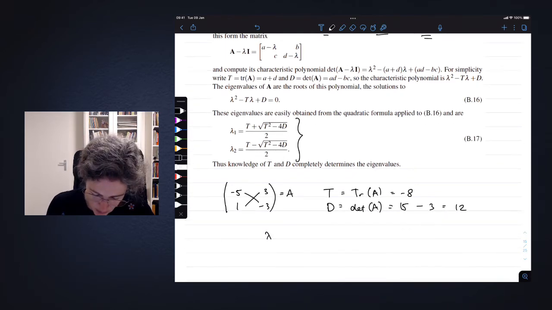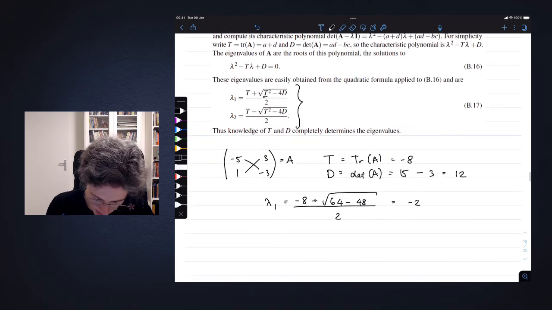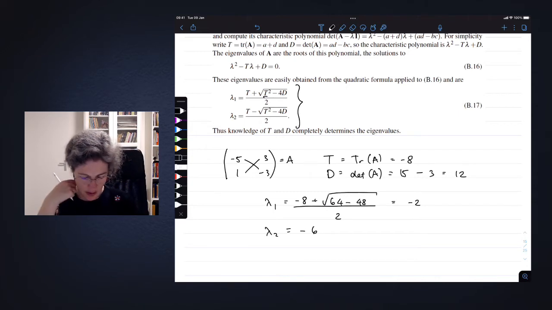And we can write down straight away lambda 1 is equal to (-T plus the square root of T squared minus 4D) over 2, so that's (8 plus the square root of 64 minus 4 times 12, which is 48) all over 2, and if you simplify that, you get -2. And if you look at lambda 2, you can work out that's -6. So that gives you a quick way of finding the eigenvalues.